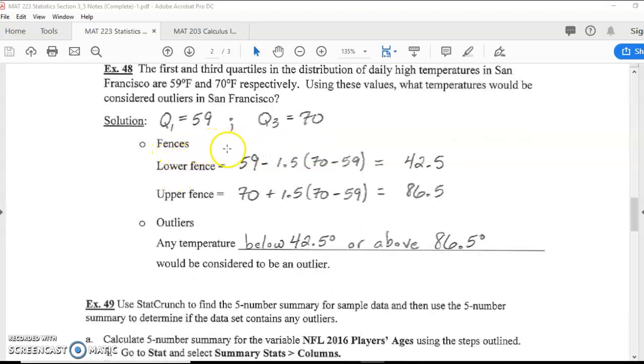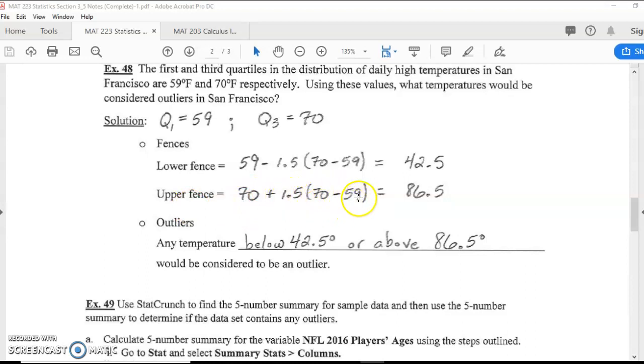So the lower fence is Q1 minus 1.5 times IQR. IQR is Q3 minus Q1. So you just plug that in your calculator, making sure order of operations are done correctly, or if you have a TI 83 or 84, you just plug it in just like this, and you get 42.5. Upper fence is Q3 plus 1.5 times IQR.